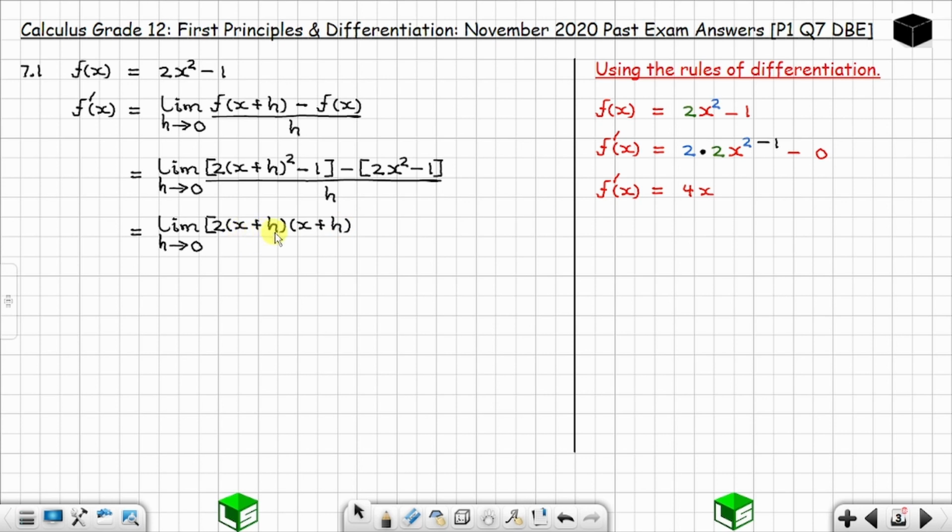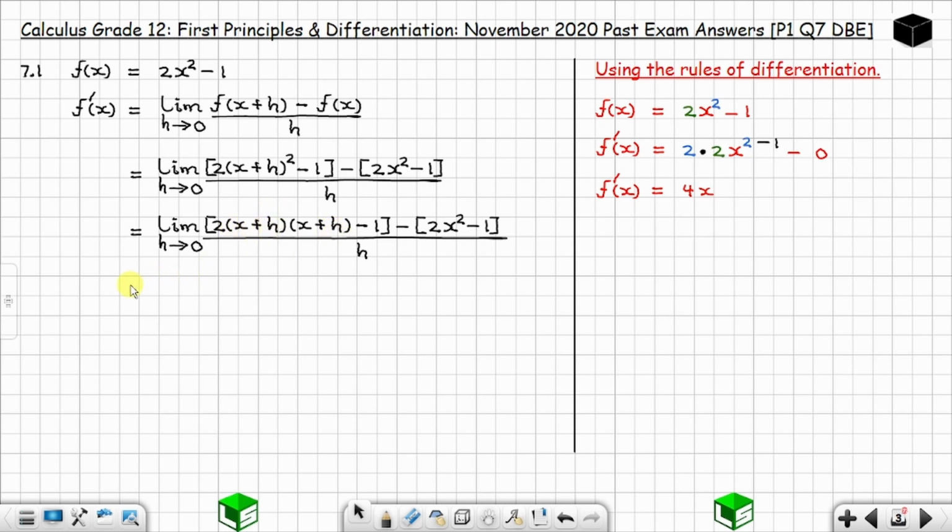Then minus 1, you close your square bracket. Then minus there, and then you have this. I hope you are following. It's over h. You can see I have x plus h times x plus h, because you have x plus h to the power of 2, so it's twice.